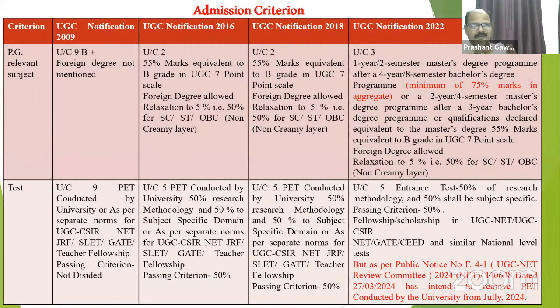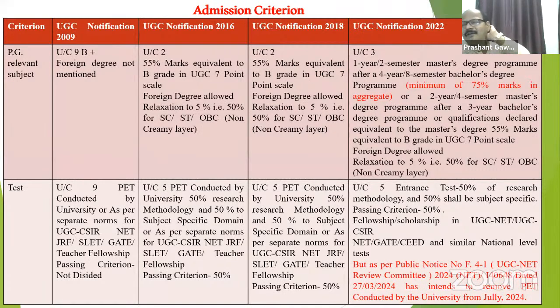That's why they include the 1-year, 2-semester master's degree, because all students are required to have a master's degree. Earlier, the definition of a master's degree required 2 years, 4 semesters.